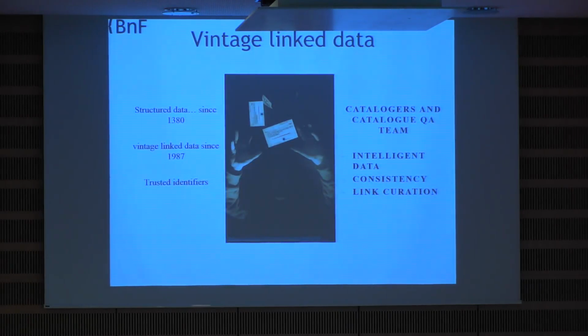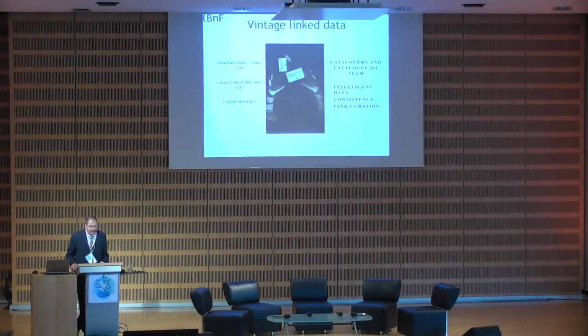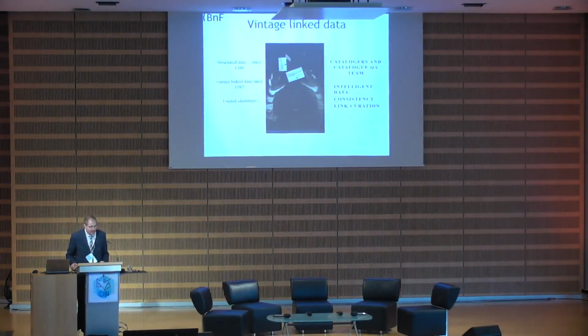So this is why we could say that we have in our catalog some kind of vintage linked data, because we have links between authority records and bibliographic records as far as BNF is concerned since 1987, and we could say that we have structured data since the beginning of the library's history in the 14th century.